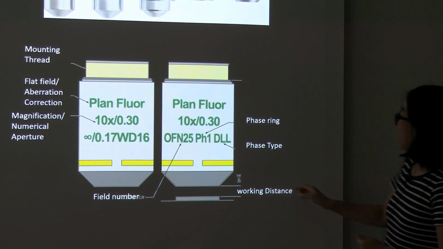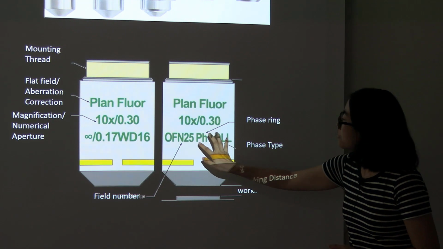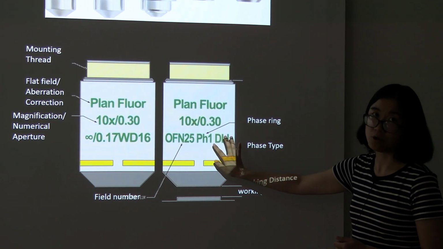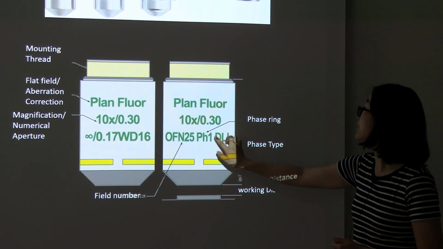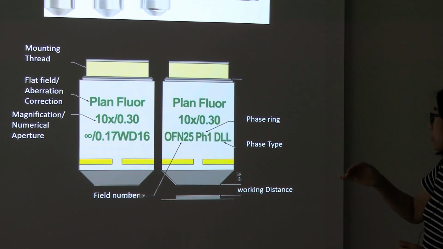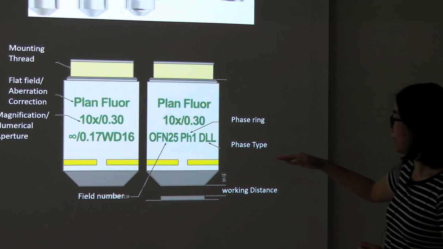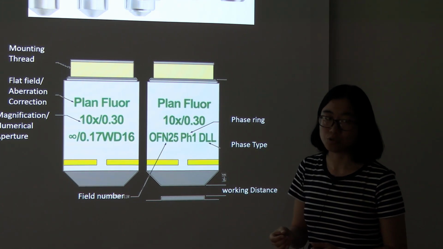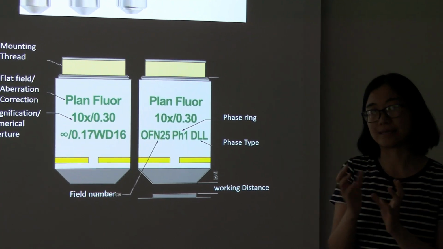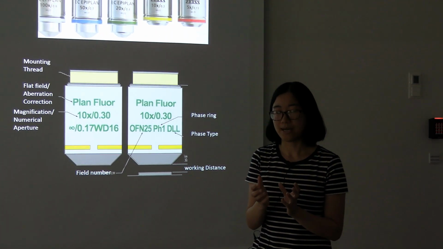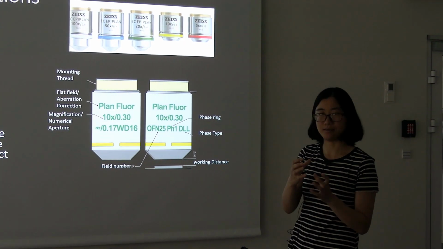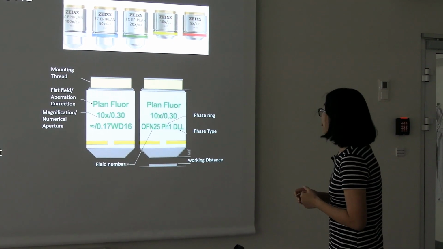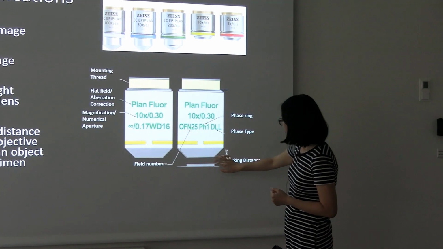And the important thing is you can also find some information like PH1 or PH2 or PH3. It means there's an actual phase range inside these objectives. So you really need to change a little bit the setting on the condenser and then try to have it aligned with the objectives.